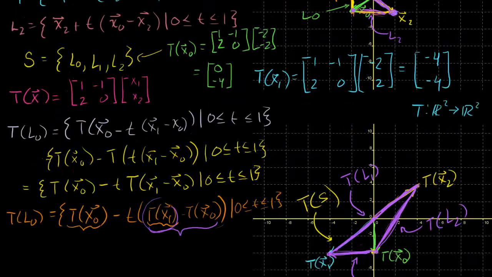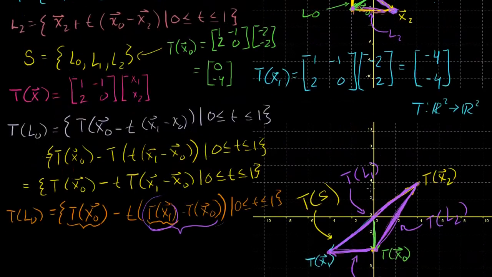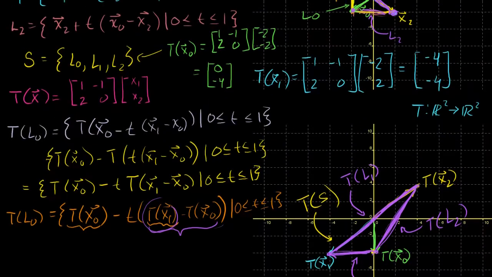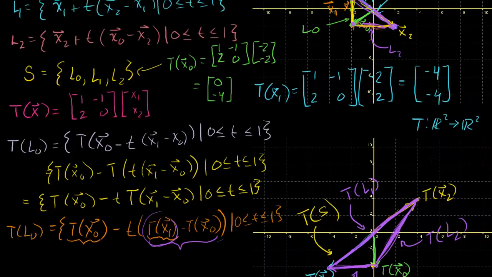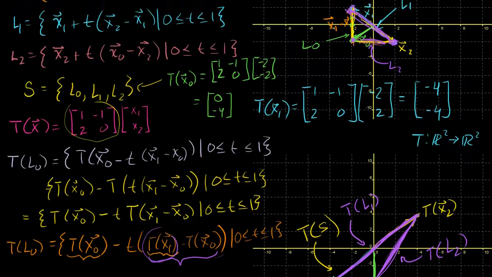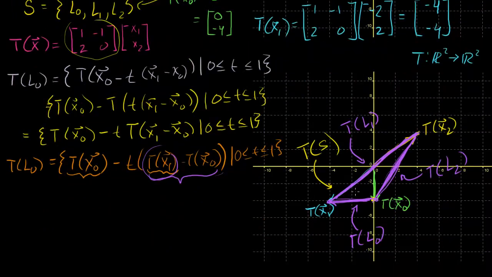I think you're now getting a sense of why this might be useful in things like computer graphics or game development, because when you look at things from different angles, you start to skew them and whatever else. But taking this transformation, we were able to turn this shape, which is specified by this set of vectors right here, into this shape in R2 specified by a different set of vectors.